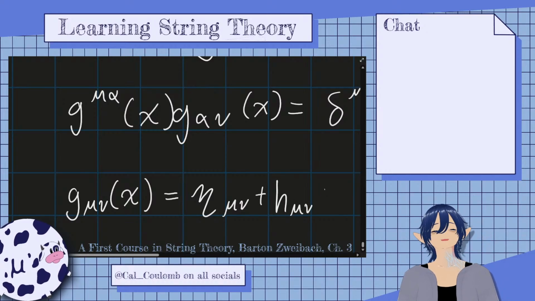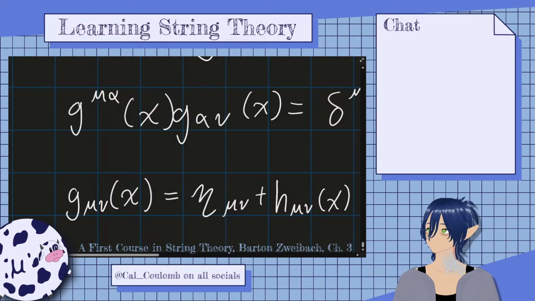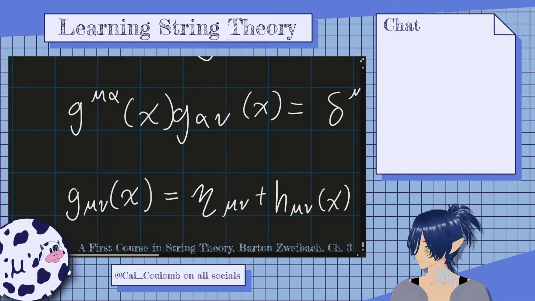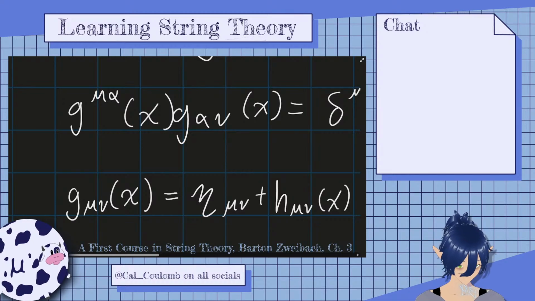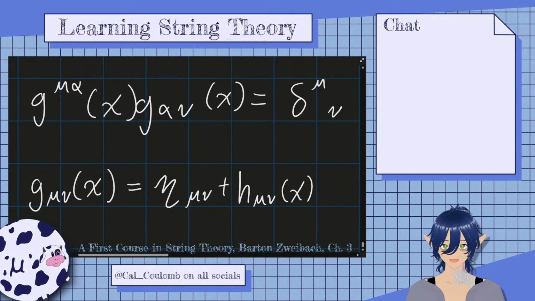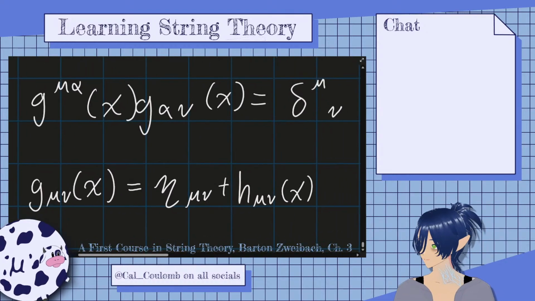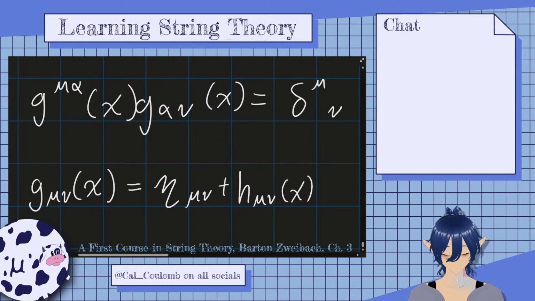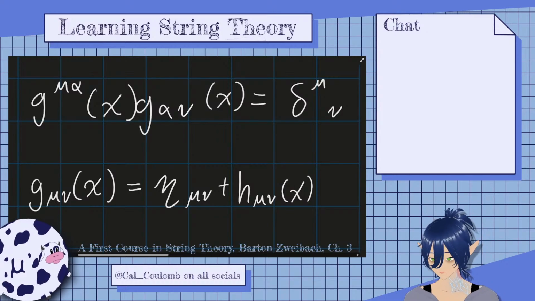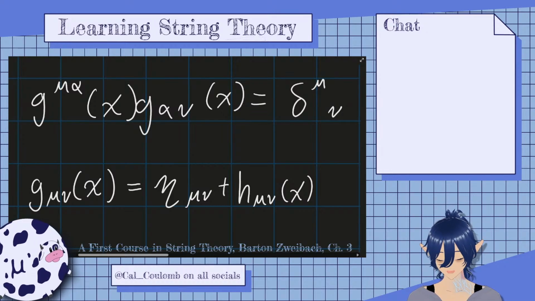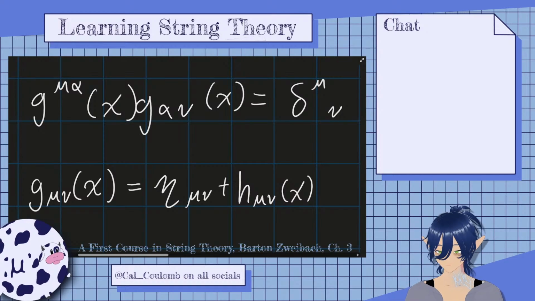Here, h mu nu is often called the metric fluctuation. We view h mu nu of x as a small fluctuation around the Minkowski metric.